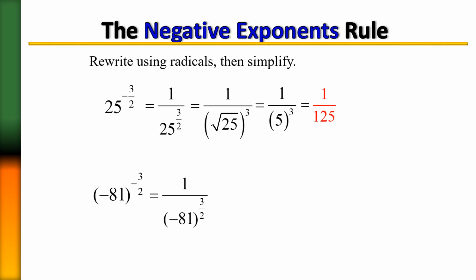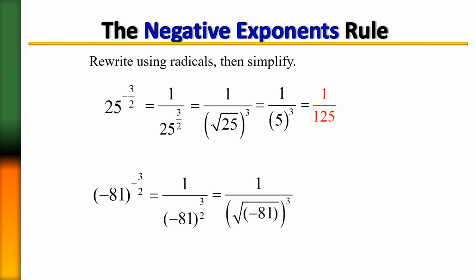Now the fact that we have negative 81 in parentheses, once we write it as a radical, we're going to place the negative underneath that radical symbol along with the number. The bottom here tells us what root we're going to be dealing with. We're going to be dealing with square root, so we're going to have the square root of negative 81 and then raised to the 3rd power.